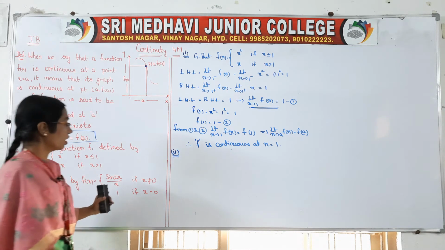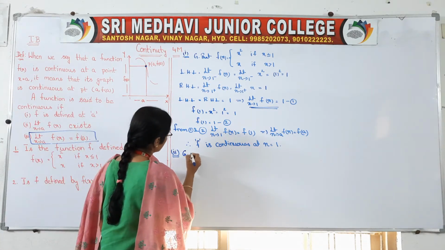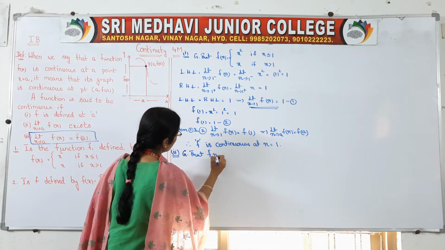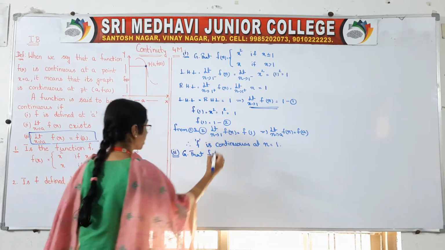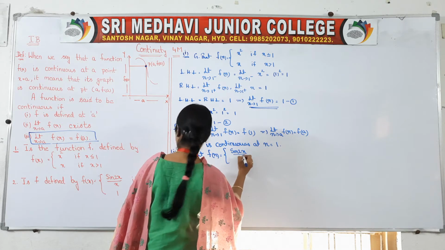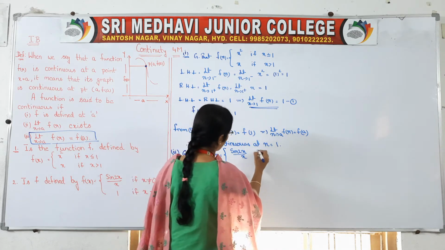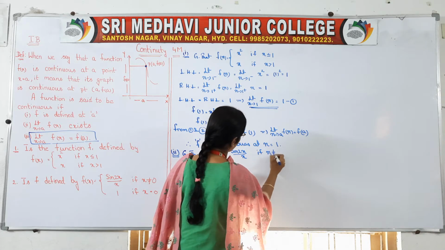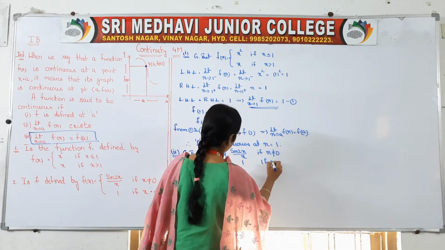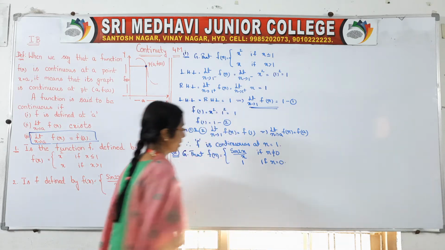Okay, so given that, what is the given information to you? F of x is equal to sine 2x by x if x is not equal to 0, and 1 if x is equal to 0.